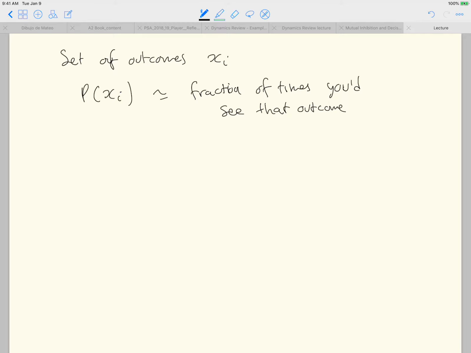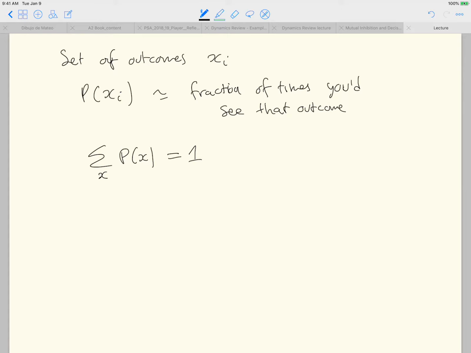And if you think of all the possible outcomes that could happen, all those fractions have to add up to 1, because if you've thought of all the outcomes that could happen, that's the entire universe. There are no fractions outside that. So the sum over all possible outcomes of P of x has to be equal to 1. And the fraction of times you get an outcome is an inherently positive number.